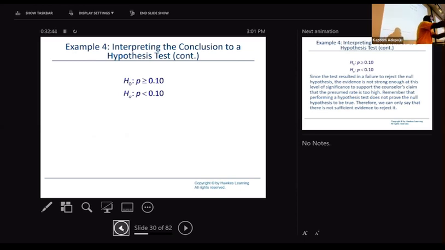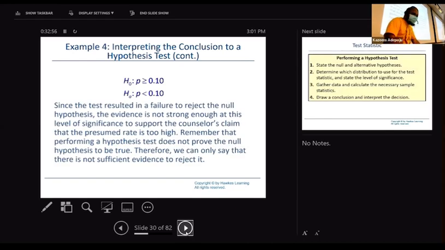When you fail to reject the null hypothesis, that does not favor the counselor. Does that make sense? That actually favors the board of education. And that was why I said since the test resulted in a failure to reject the null hypothesis, the evidence is not strong enough at this level of significance to support the counselor's claim. That is what it means.